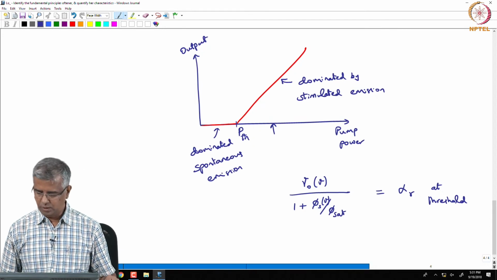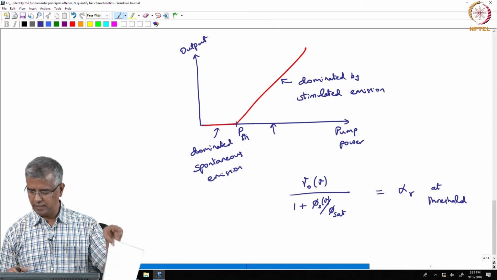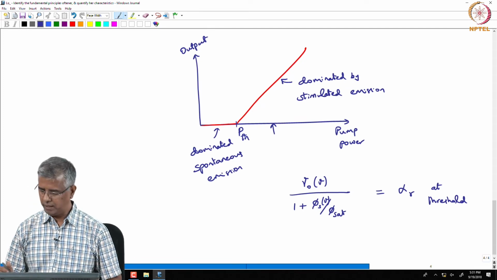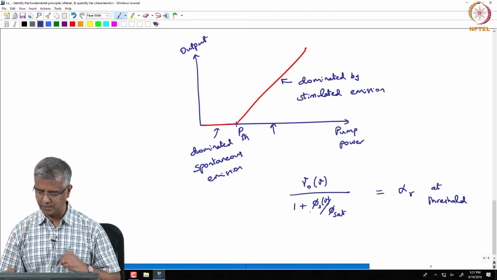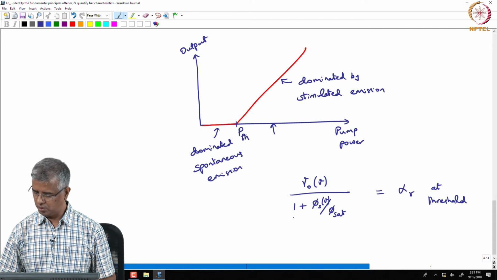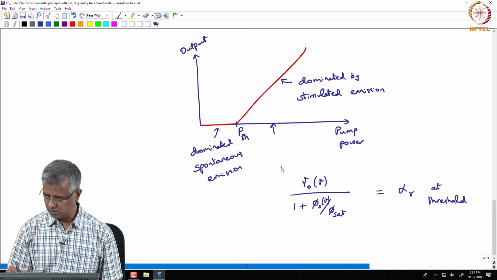Okay. So, if you have this condition, then you can rewrite this expression in terms of phi s. Okay. So, let me just grab this.